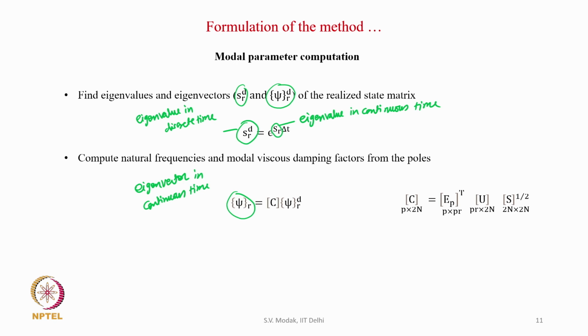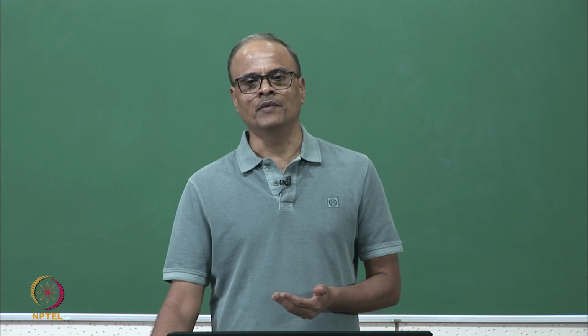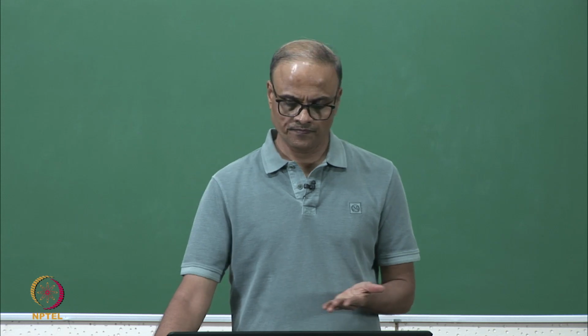So, it is equal to E p transpose U into S to the power half, and E p is given by this expression. It consists of an identity matrix and null matrices. Okay. So, this is the output matrix. Then we can substitute this output matrix in the equation and find the eigenvectors in continuous time, right. So, in this way we obtain the modal parameters from the measured free pulse responses.